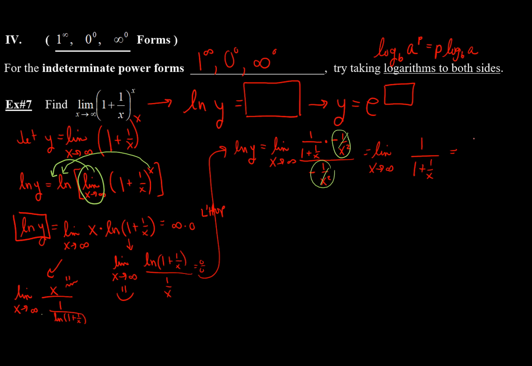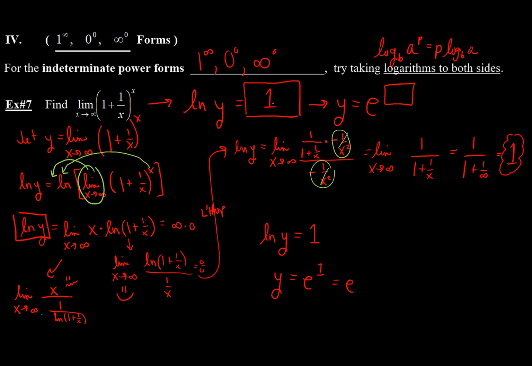And how exciting is that? Because that's 1 over 1 plus 1 over infinity, which is like saying 1 over 1 plus 0, which is 1. All right, but remember, this is natural log of y equals 1. So that means that y equals e to the 1, which is e.